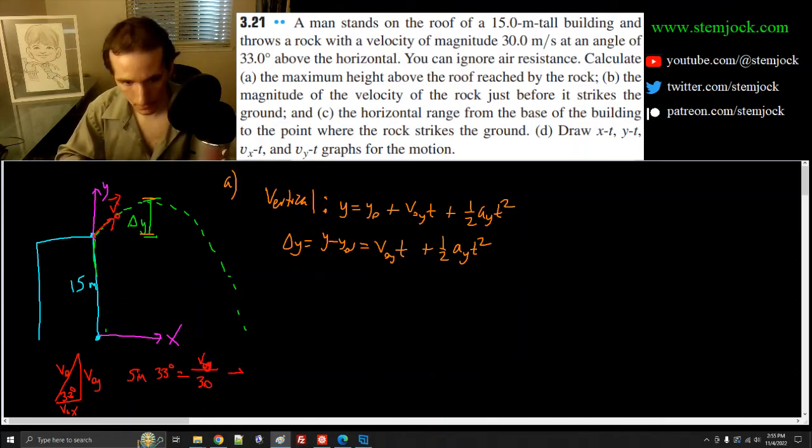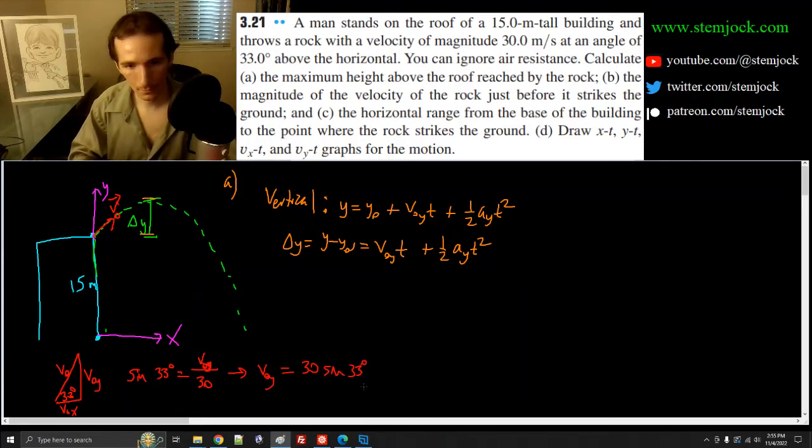And now if I solve this for v0y, I get 30 times sine 33 degrees. So 33 degrees is not one of the standard angles, so we're going to have to use a calculator to figure out what this is, which is okay. I'll just leave it as sine 33 degrees for now, because it's very likely a long decimal.